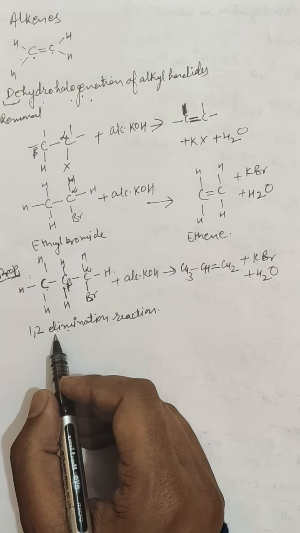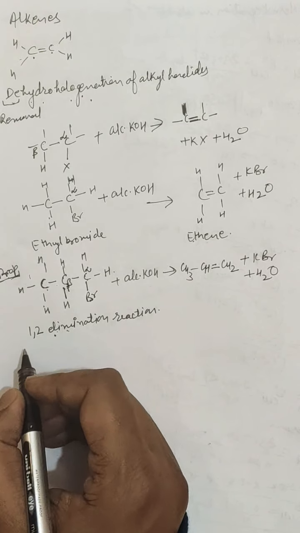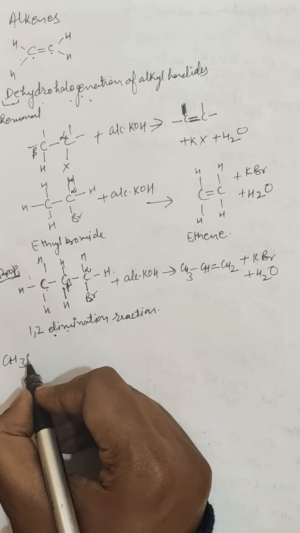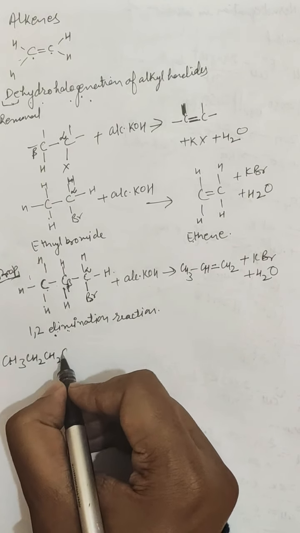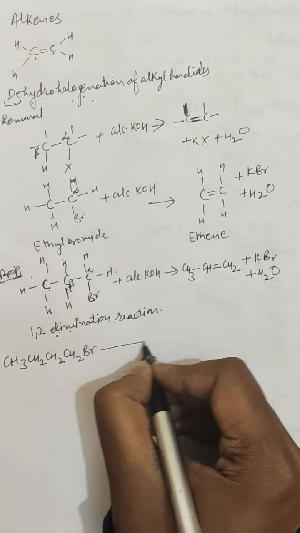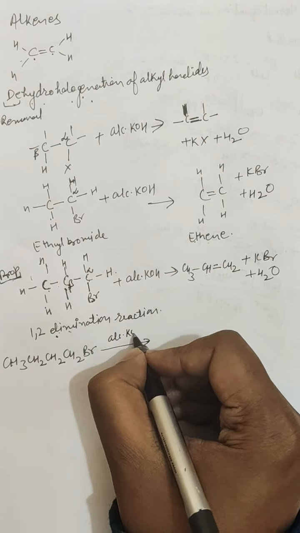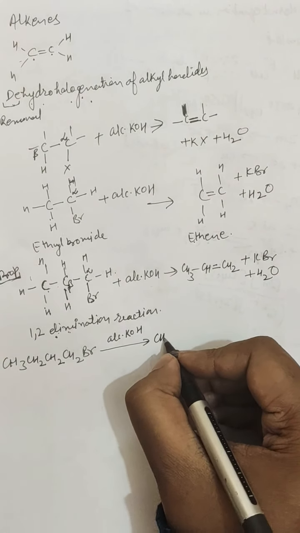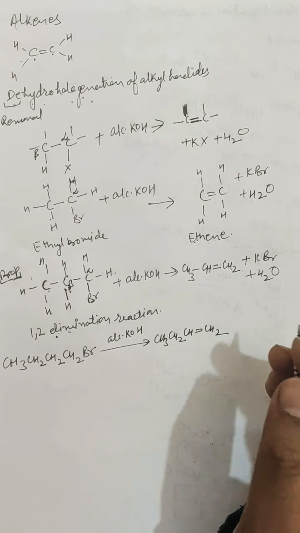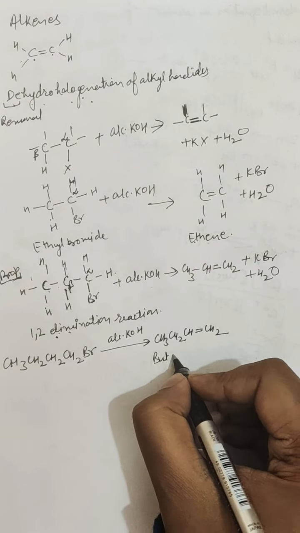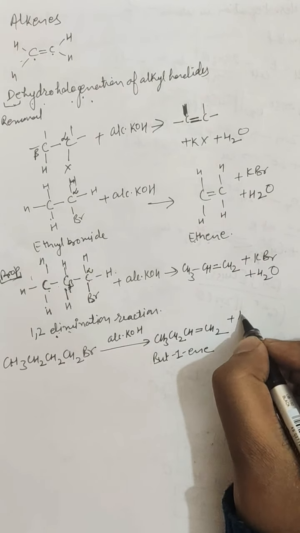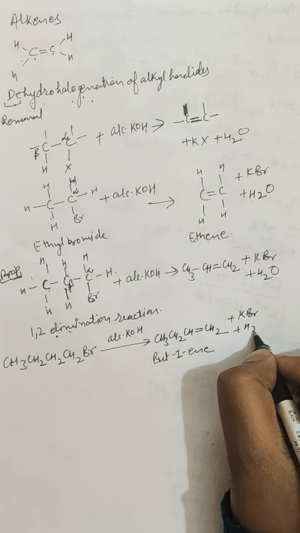So in some cases dehydrohalogenation yields a single alkene. So in some cases like this, this is called but-1-ene plus KBr plus H2O.